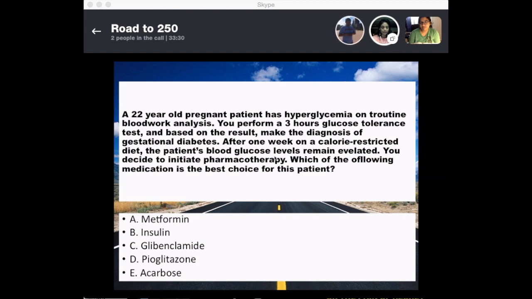Metformin? Yeah, insulin? Yeah, the answer is insulin. Insulin's the best as it has the least amount of side effects, like in terms of teratogenicity.